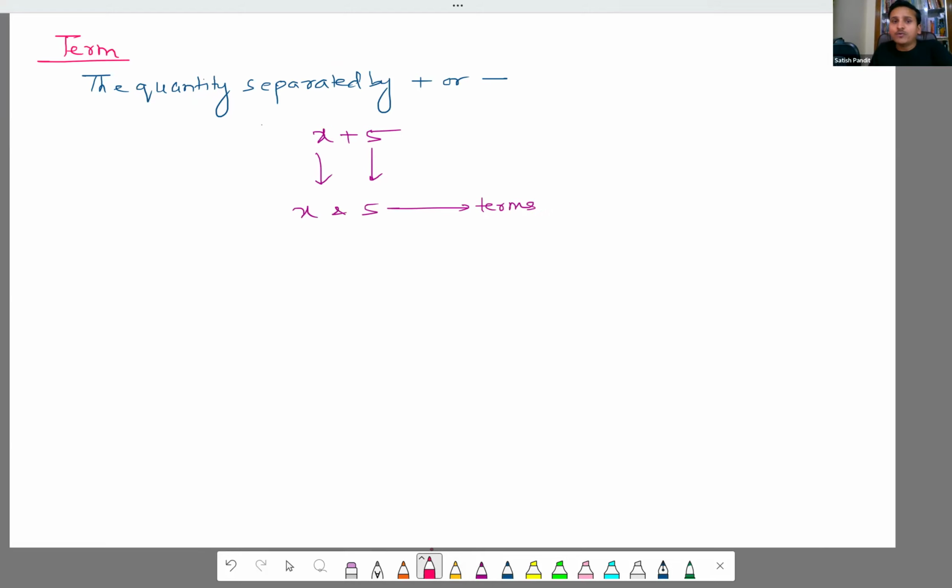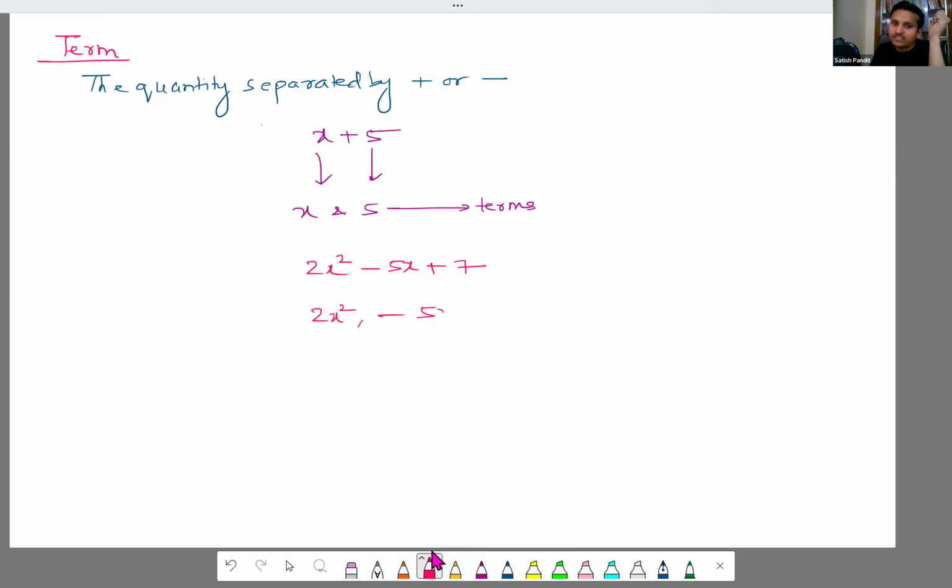Next, suppose I have 2x square minus 5x plus 7. Here the terms are 2x square, minus 5x and 7. We have to take the minus into account whenever there's a negative sign.